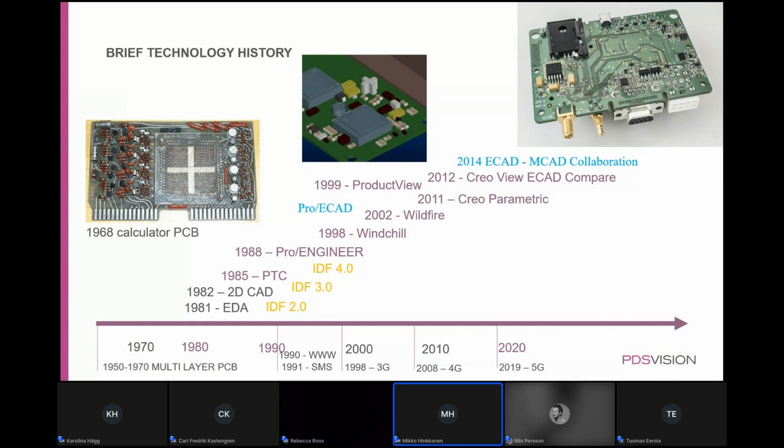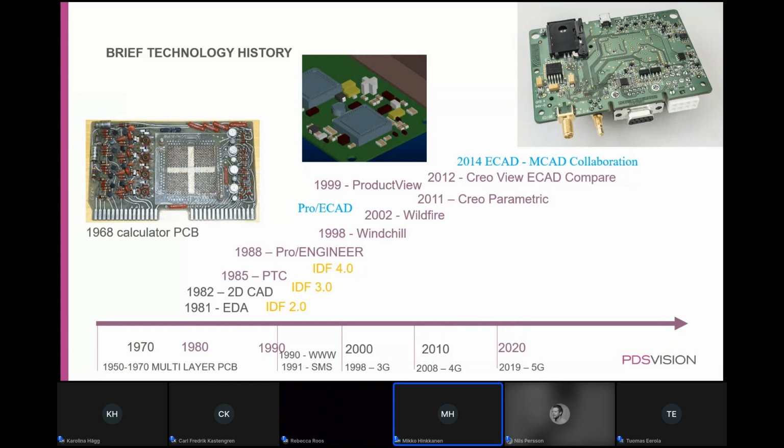Take the Pro ECAD product that emerged in the late 1990s: you could already bring key components from electrical design, make them visible in mechanical CAD, and start collaborating and discussing whether there are interferences between the components, or if the bill of material should be in the mechanical CAD or the electronics CAD.